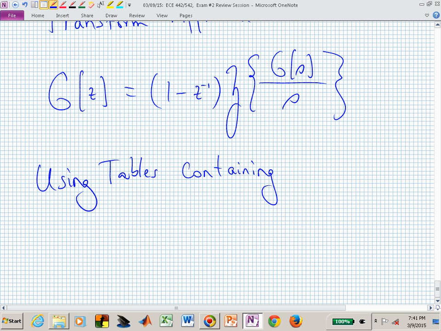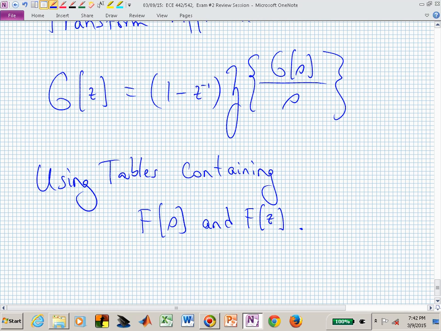So you could use tables containing, for example, F of s and F of z, and once you find the F of s term, then you can immediately say, oh, I know what the z transform of that is. It's in the same row of the table. And you don't have to necessarily go through that more involved process of inverse Laplace transforming, sampling, and now looking at what you have as a time sequence and finding the z transform of that time sequence.